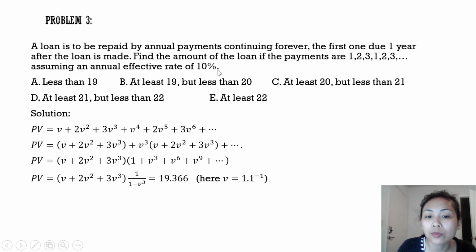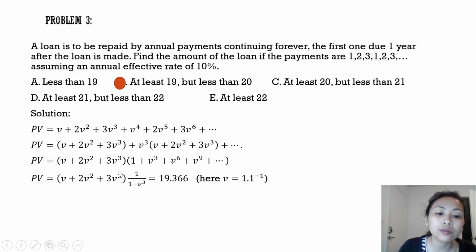So 1 plus i is 1.1, so v is 1.1 inverse. We plug in here, and the present value is 19.366. That means the loan amount is around 19.366, so it's at least 19 but less than 20. So option B. That's problem number 3.